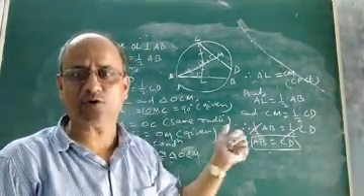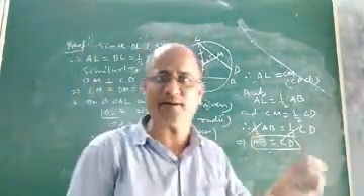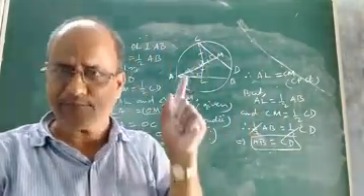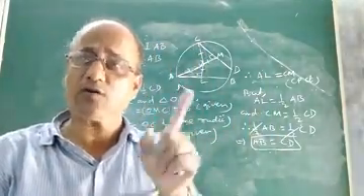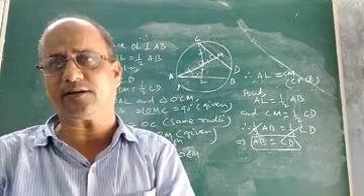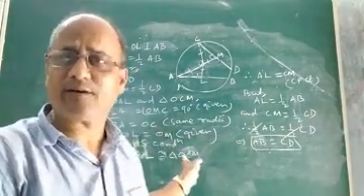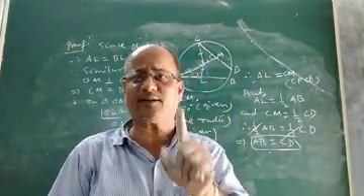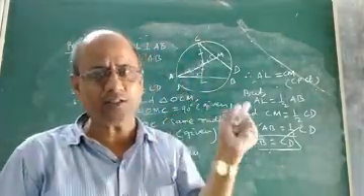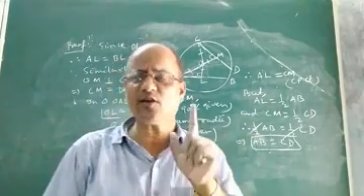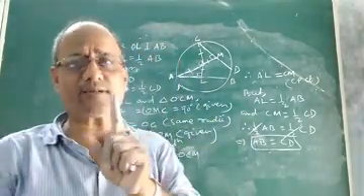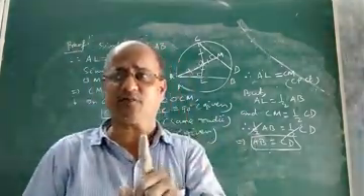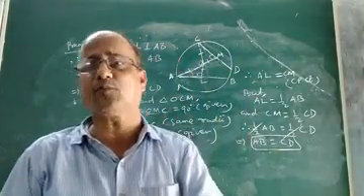Children, I hope you understood. This is the converse of theorem 10.6, where we proved that two equal chords are always equidistant from the center. And what did we prove in the converse? In the converse we proved that if two chords are equidistant from the center, then they will be equal. So in this way, children, all these theorems are very, very important, because unless and until you understand these theorems, you cannot apply them to problems.